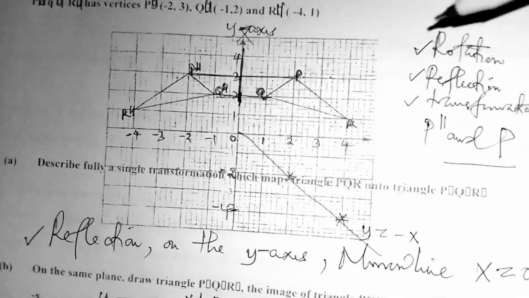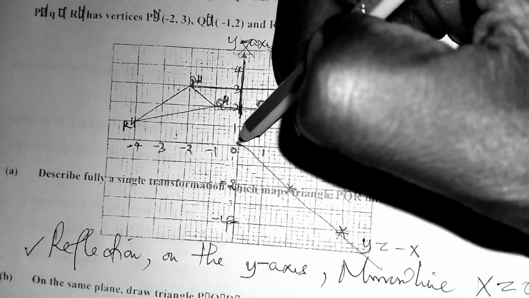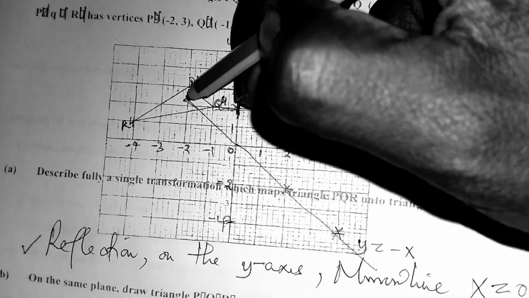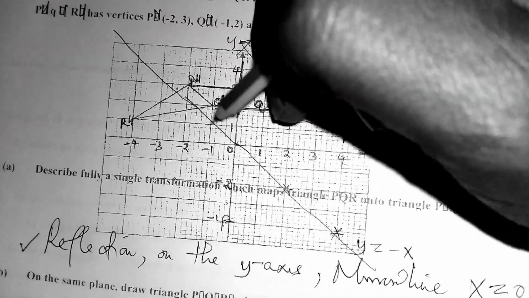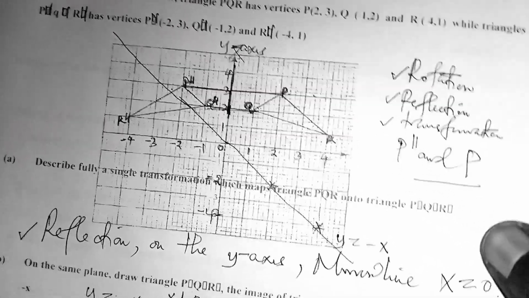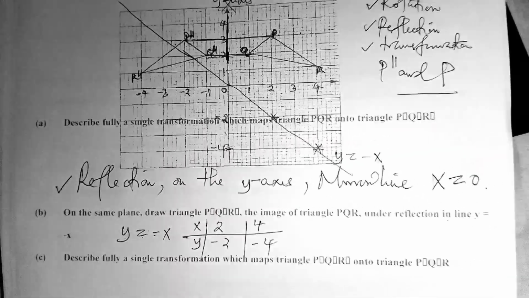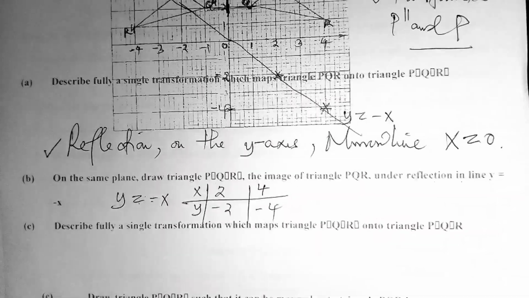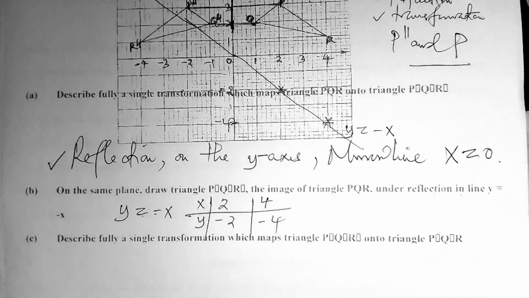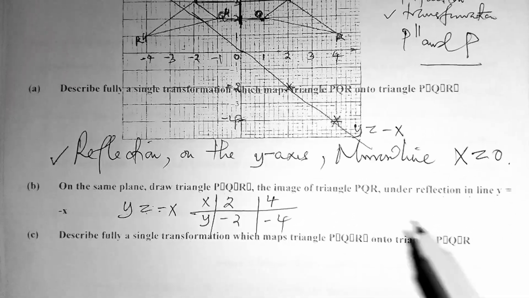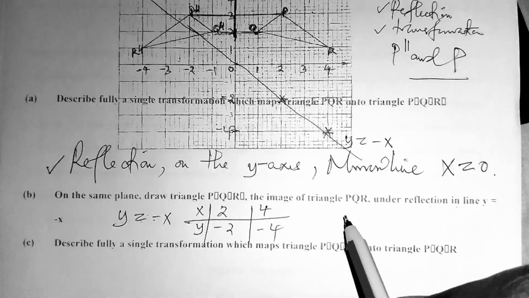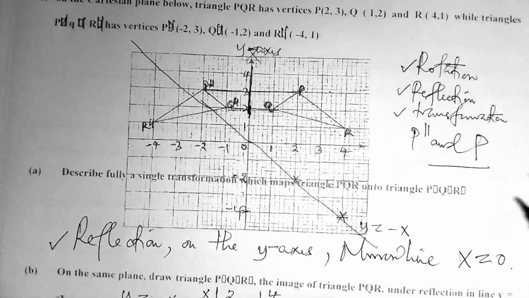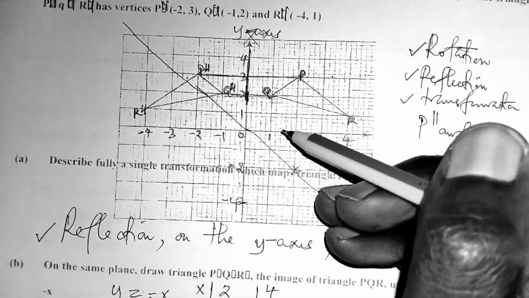This line also extends to the other side. It passes through like that. You have to use a straight ruler. The image, so they want the image. So this one becomes your mirror line.